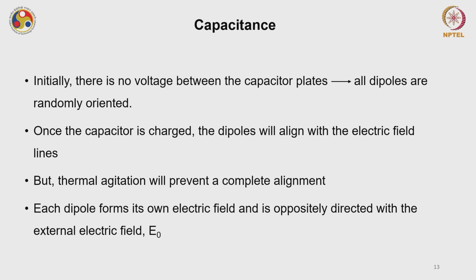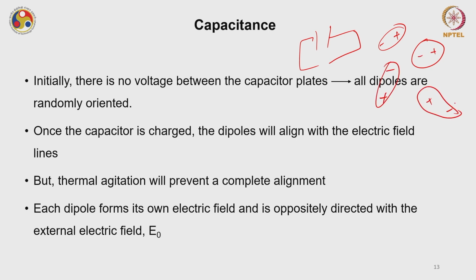Initially there is no voltage between the capacitor plates. When the capacitor exists in its original form, no voltage is applied, and all dipoles are randomly oriented, right? Once the capacitor is charged, the dipoles will align with the electric field lines.